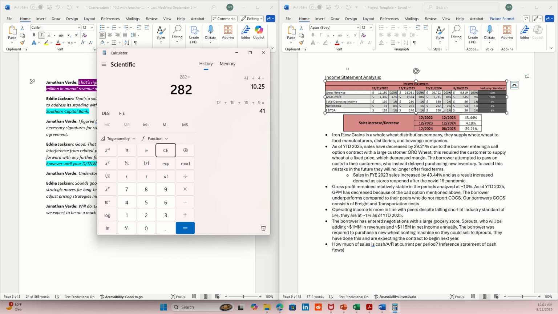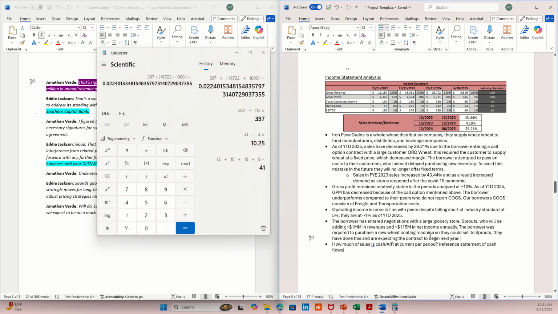And then we could add 115, enter. And then we could divide by our 16722 plus our $1 million, right? Now that improves our margin, or actually keeps our margin about the same. So that has no effect on margins, or it has little to no effect on margins. They're at 2%, they're going to stay at 2%.